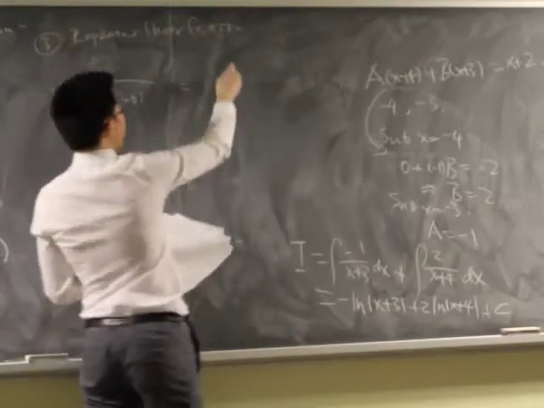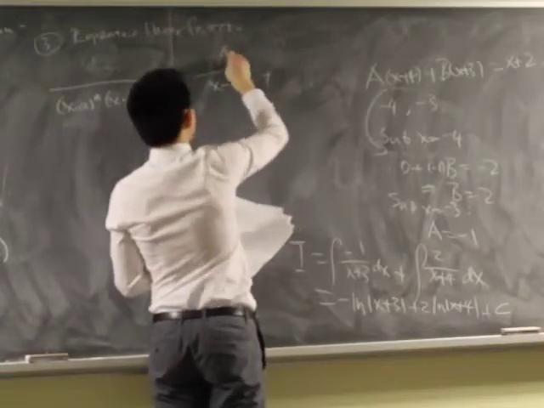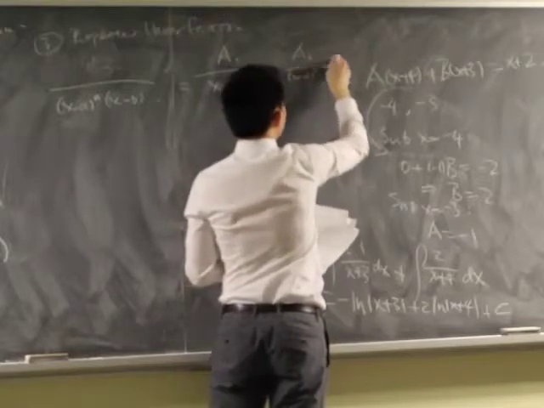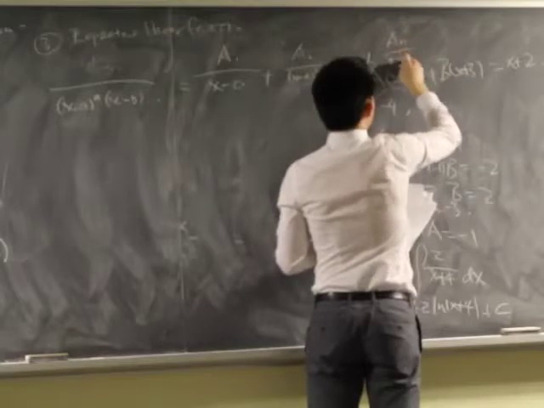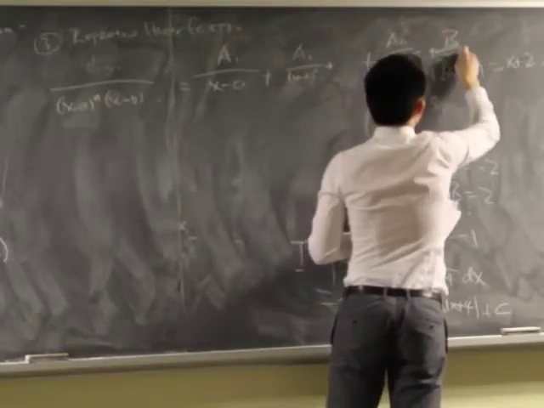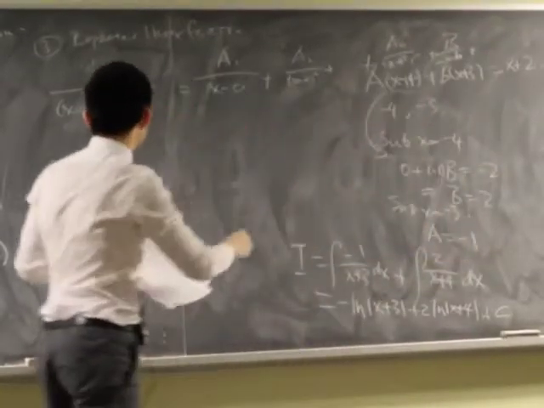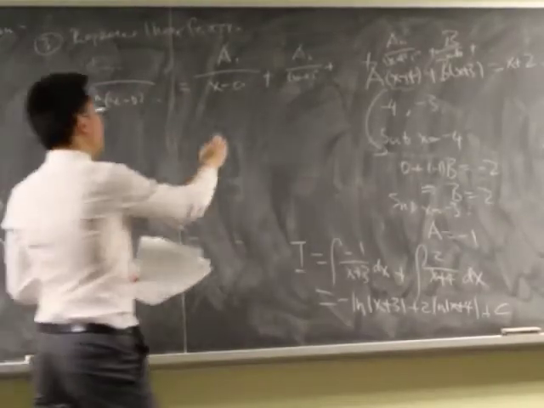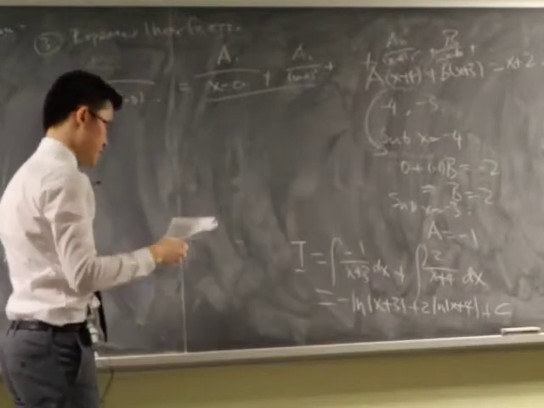Then the partial fraction decomposition will be a1 over x minus a plus a2 over (x minus a) squared plus and so on, plus an over (x minus a) to the power of n, plus b over x minus b. So basically, however many times this factor repeats in the denominator is however many factors we're going to have in the partial fraction decomposition.